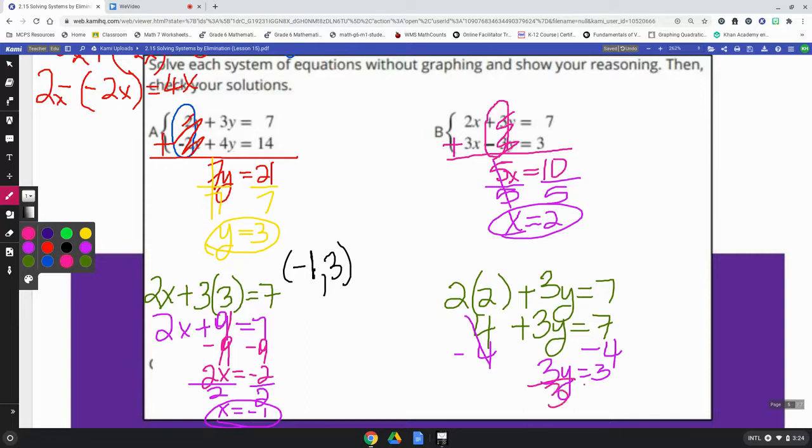Divide by 3, y equals 1. So remember, you can check by substituting x and y into both equations and seeing if you get true statements, or you could graph them and see if those two linear equations intersect at this point.